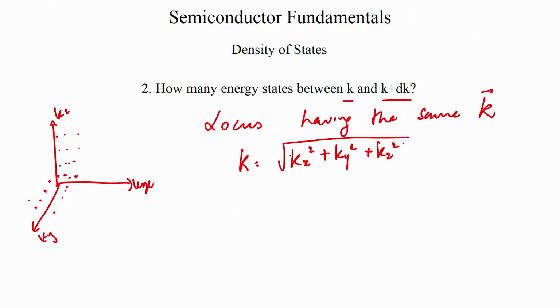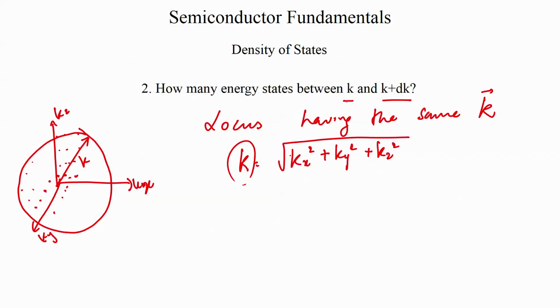So, if you ask yourself what is the locus of points that have the same value of k in a 3D space, the answer is quite obvious. It has to be a spherical shell, or a sphere. If you were to keep k the same and look at all the points that have the same value of k, it is going to be a sphere in 3D space.